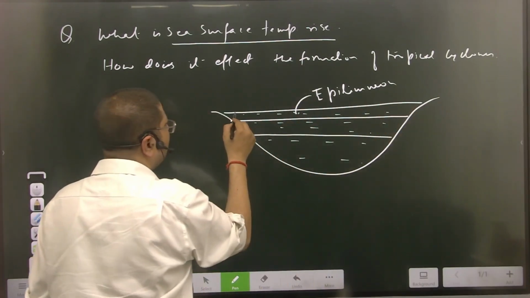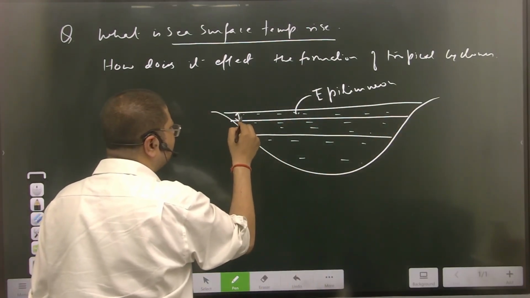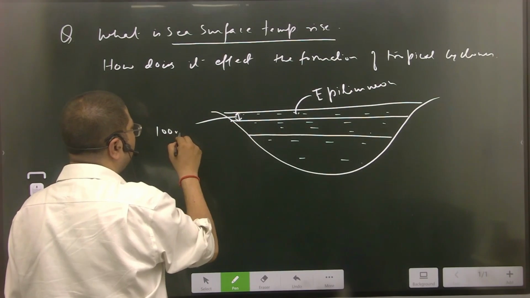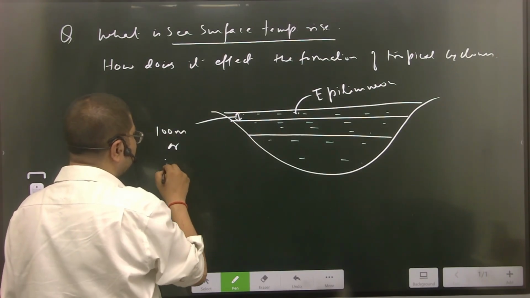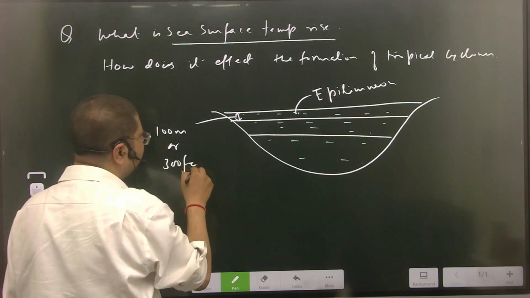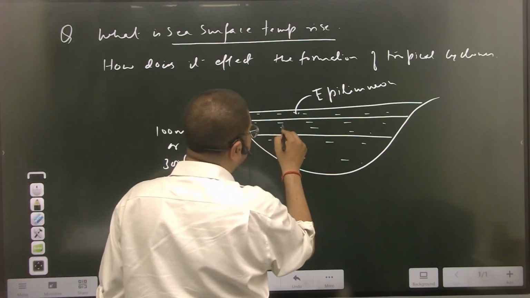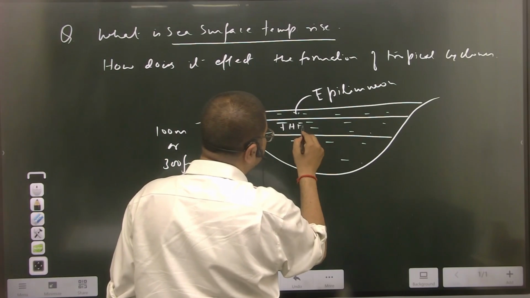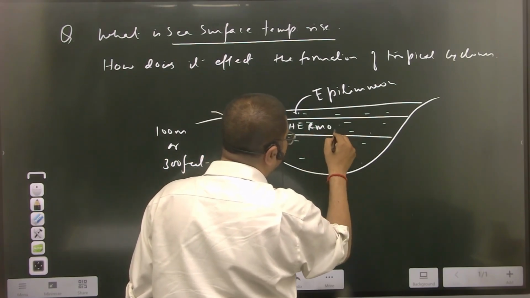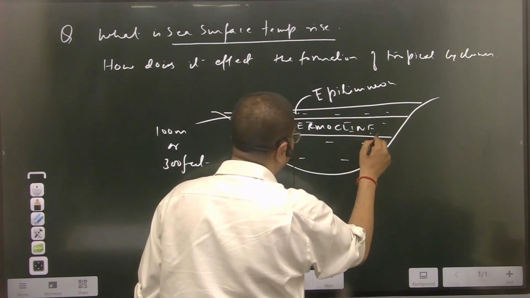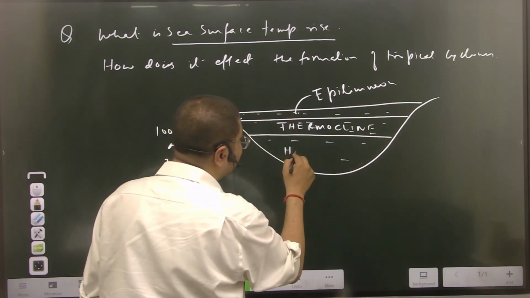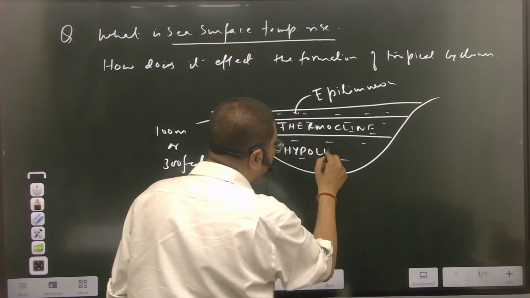It is 100 meters thick, roughly 100 meter, or you can say 300 feet. Below it is thermocline, and bottom layer is hypolimnion.